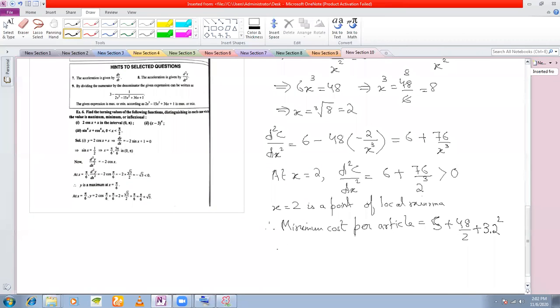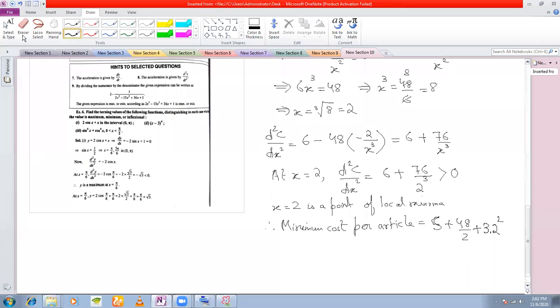You cancel this, you get 5 plus 24 plus 3 into 4 is 12. So this is 29 plus 12, which is 41. So the minimum cost per article is 41 rupees. Understood? This is as simple as that.